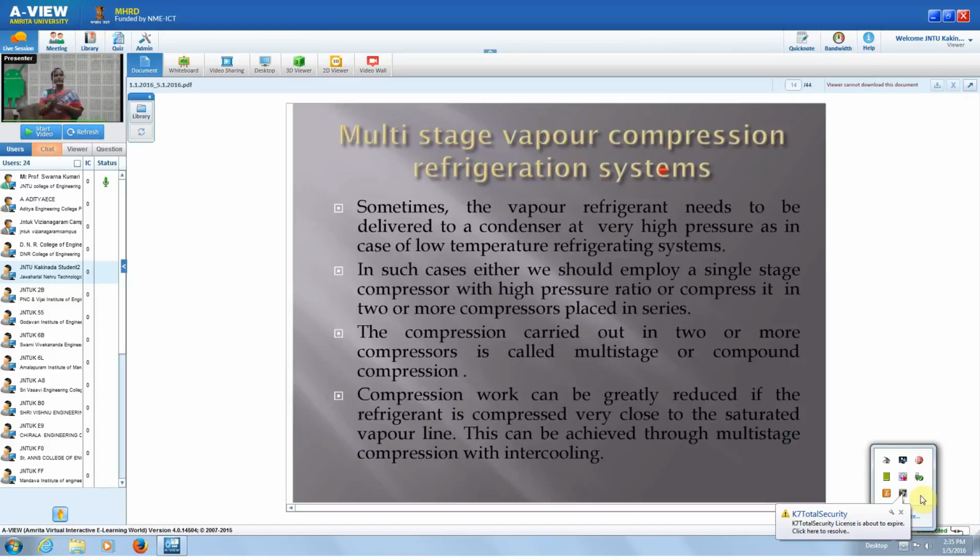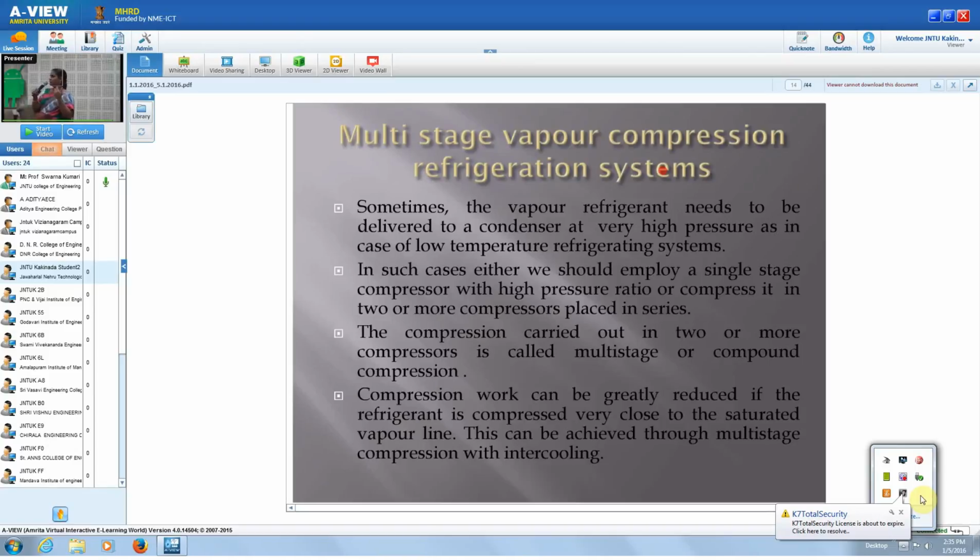Then, a single stage vapor compression cycle means it consists of only the required 4 components: compressor, condenser, then evaporator, and in between an expansion valve. Okay. With this the coefficient of performance is very less. It is less whenever the required temperature in the evaporator is very low.